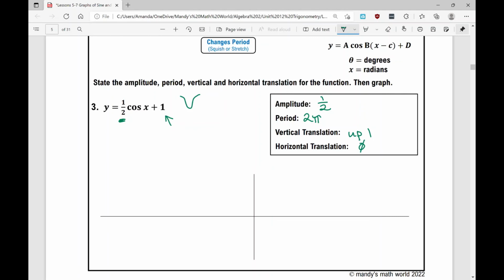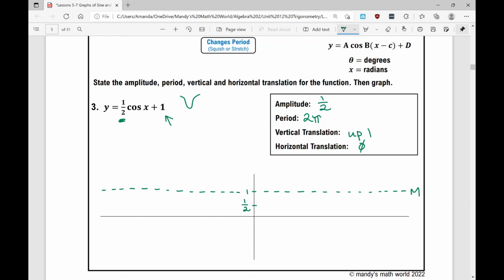So now let's graph. I like to graph the midline first. If we're moving up 1, there's our midline at 1. You don't have to draw these lines here. Some graphs I don't draw any dotted lines, some graphs I draw a lot. Now because our amplitude is 1/2, this is going to be 1/2.